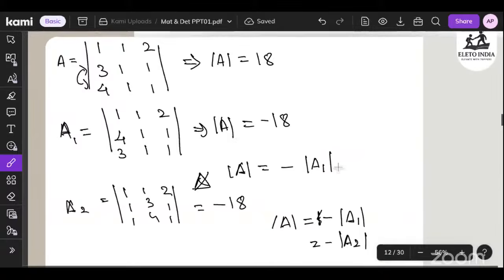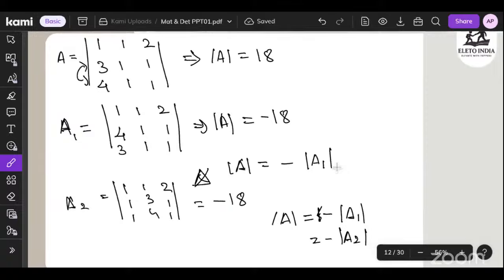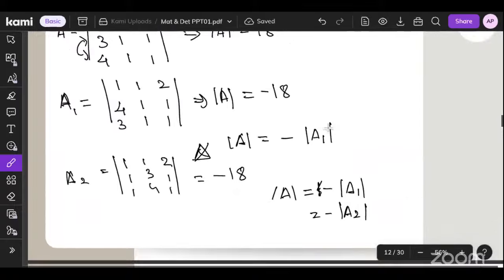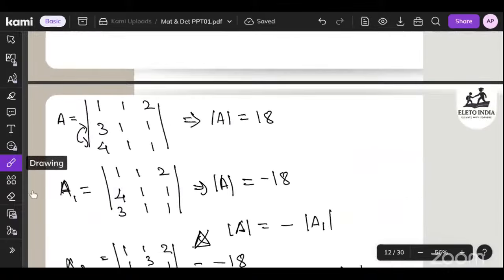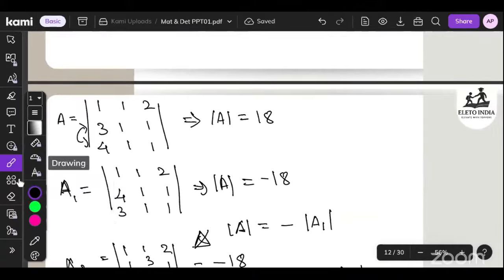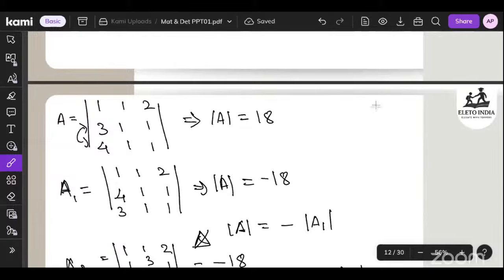And let me tell you one more remark on this. Just note it down, it is important.